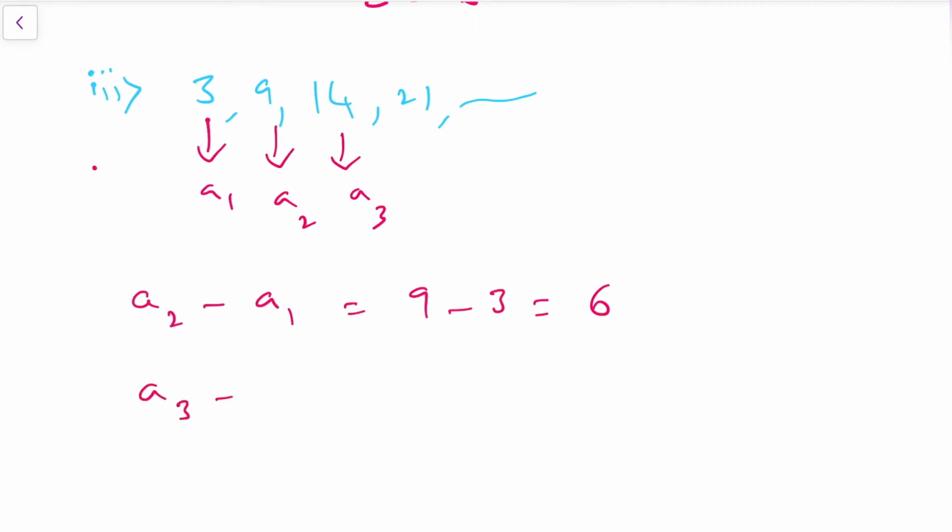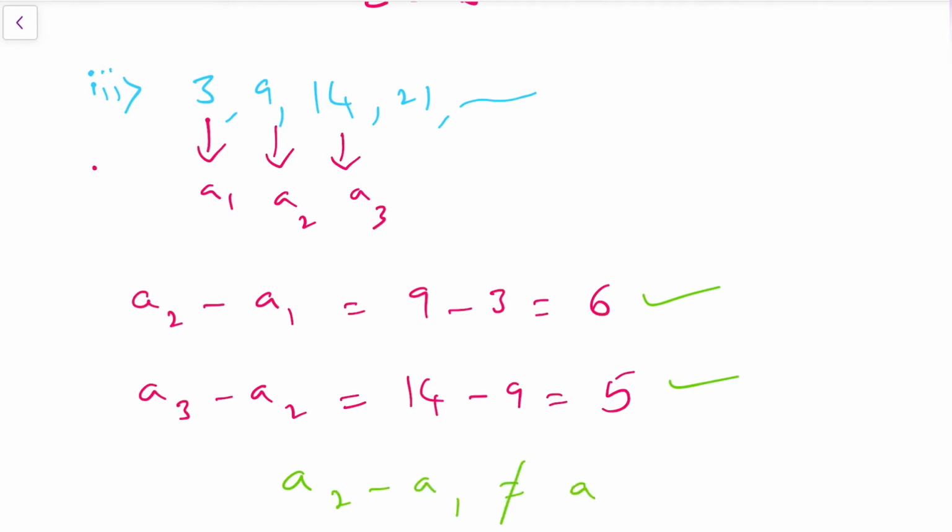Next, A3 minus A2. A3 is 14 minus A2 is 9. 14 minus 9, it is 5. Here A2 minus A1 value is 6 and A3 minus A2 value is 5. So A2 minus A1 is not equal to A3 minus A2. Then we can conclude that this is not in AP.